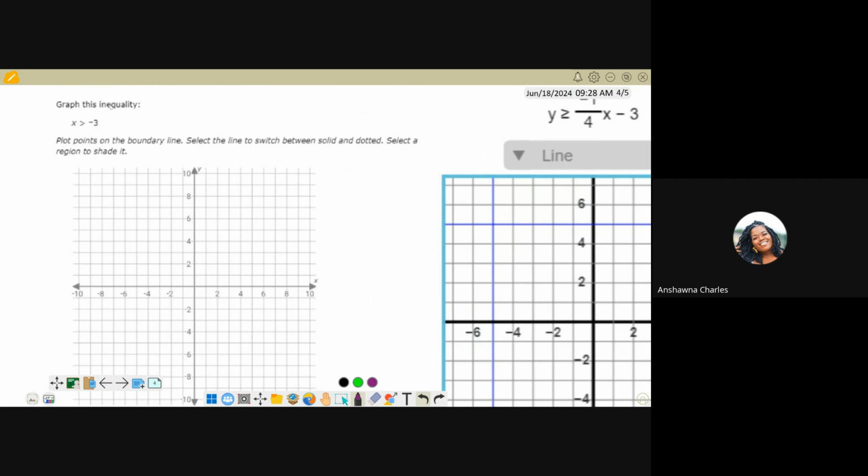I didn't write the steps for special cases again. You have them in your notebook already. Okay, you graph it just like you graph the other things. You just have to figure out if it's a solid or a dashed line. Okay, so this says x is greater than -3.